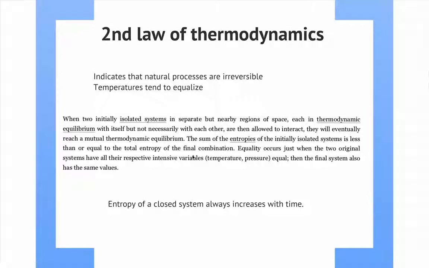So it indicates something very fundamental: natural processes are irreversible. In other words, if you break a coffee cup, it is basically impossible to put all the pieces back together. Now, you might say you can move time back, but thermodynamics prevents you from doing it.